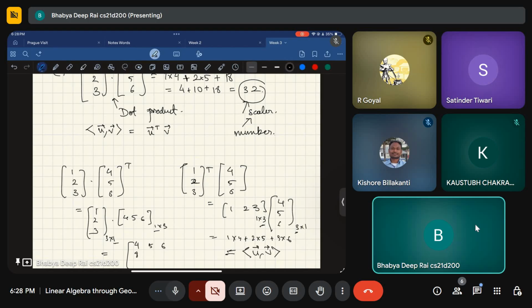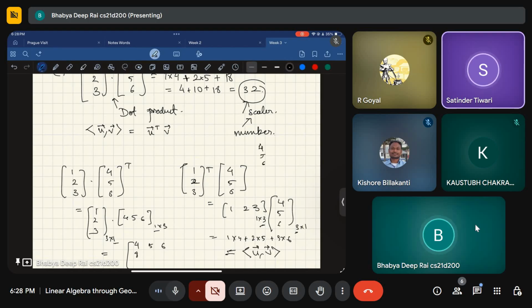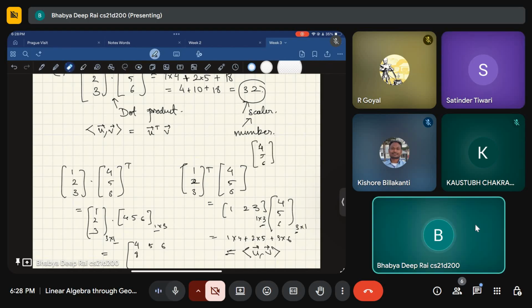So what do we notice? It's still 32. So actually it is commutative, in the sense that the inner product between u and v is the same as the inner product between v and u. So inner product is commutative.